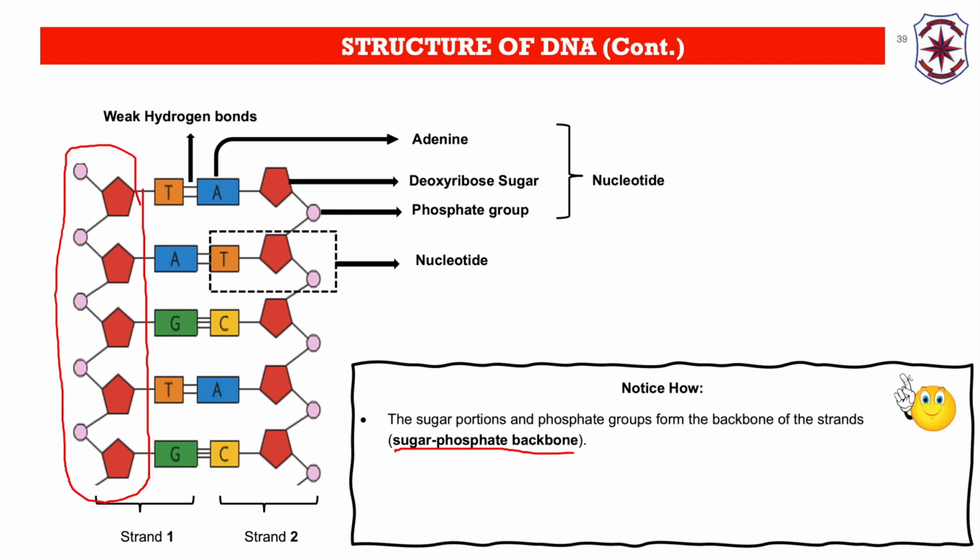Remember, a nucleotide contains 3 components: a phosphate group, sugar portion, and a nitrogenous base. But because the phosphate group and the sugar portion are on the backbone of the strand in a sugar phosphate pattern, we say that it is a sugar phosphate backbone.